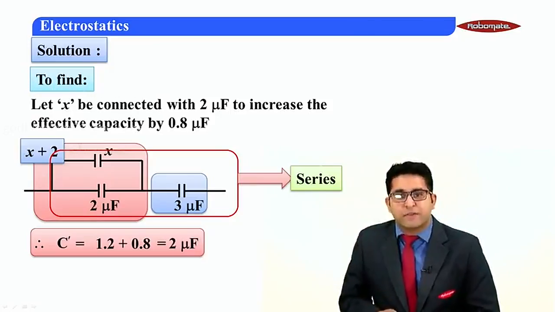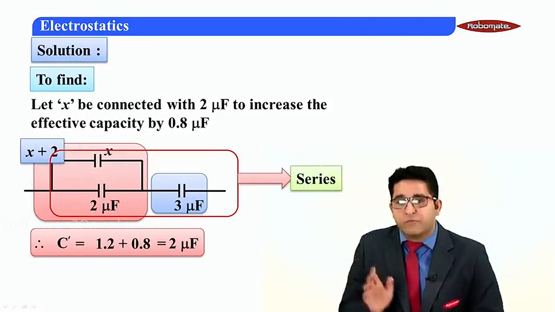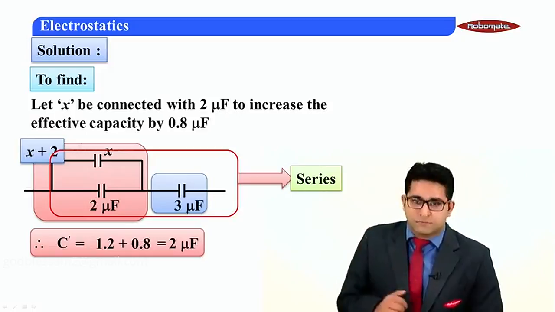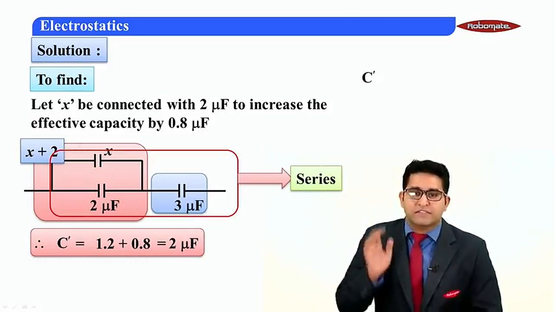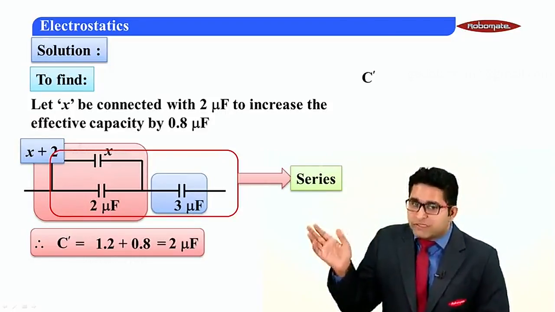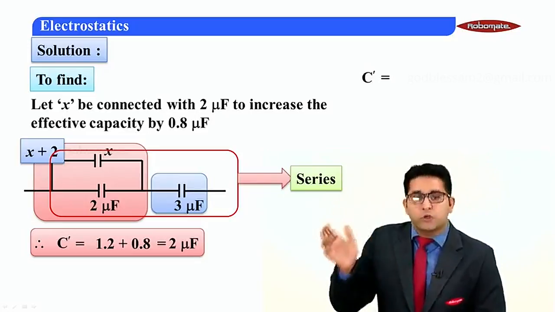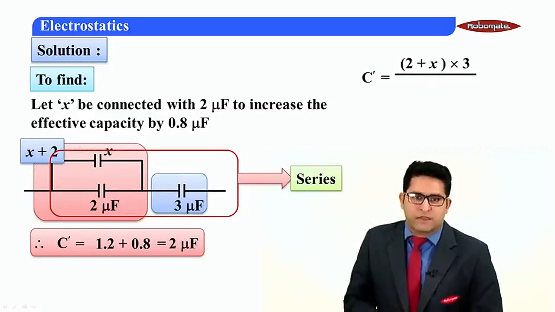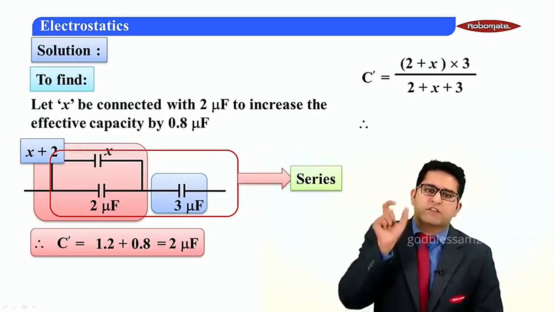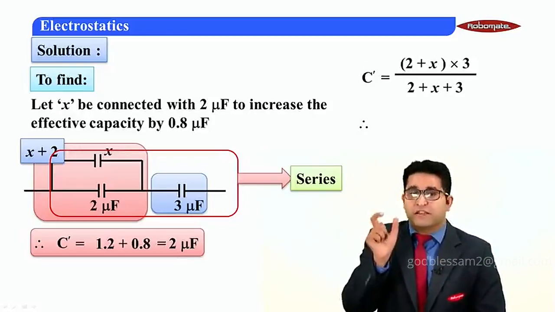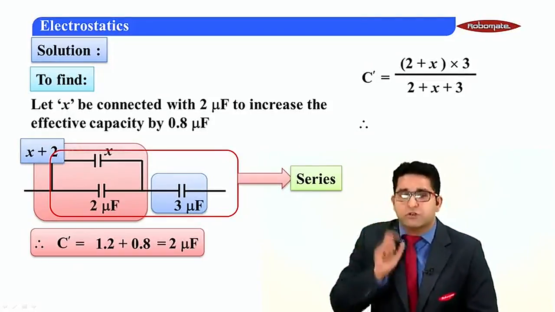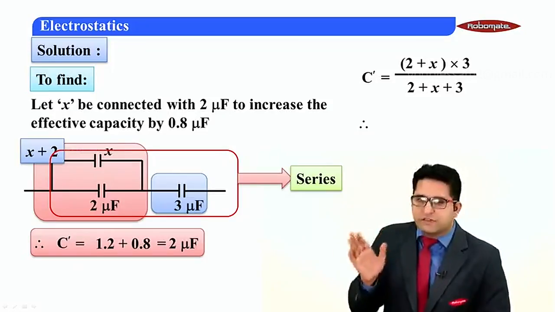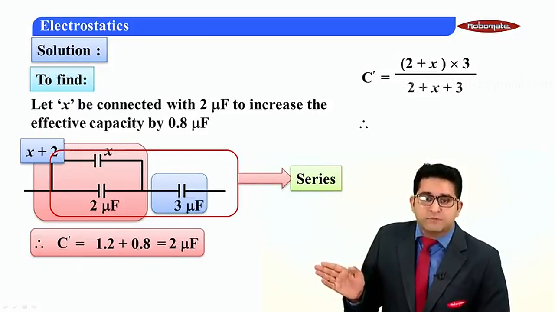Again the effective capacity C dash is given by the formula product upon sum. So I can write C dash equal to (2 plus X) into 3 upon (2 plus X) plus 3. In the numerator there is a product of two terms, and in the denominator there is an addition of two terms. Now students, see carefully. We know the value of C dash.